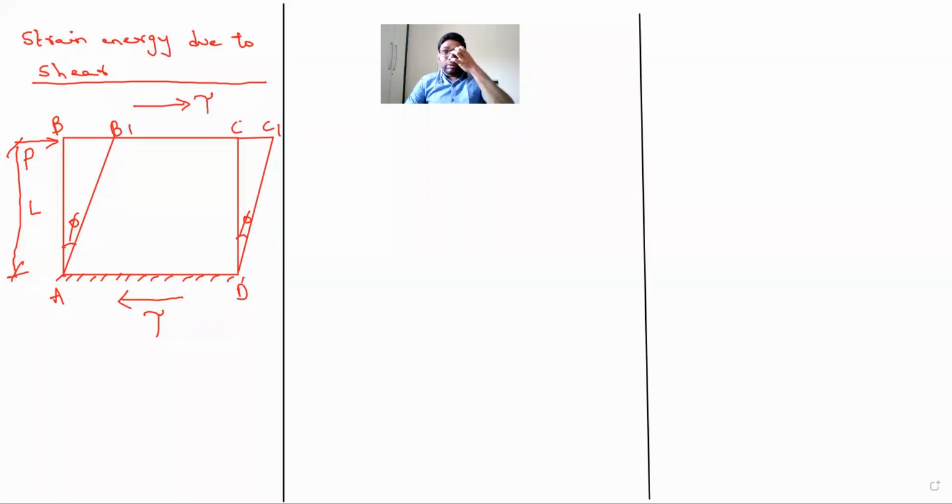Okay, so to start with, tau is the shear stress.